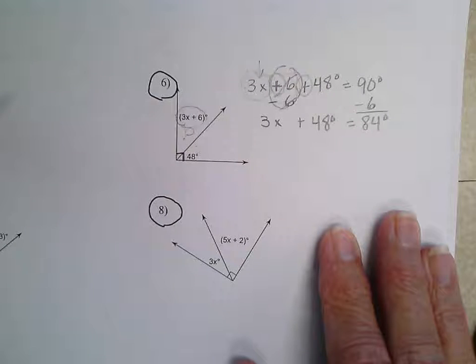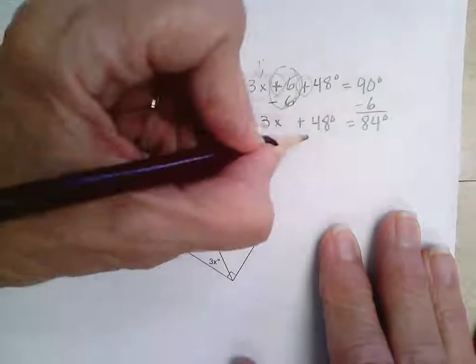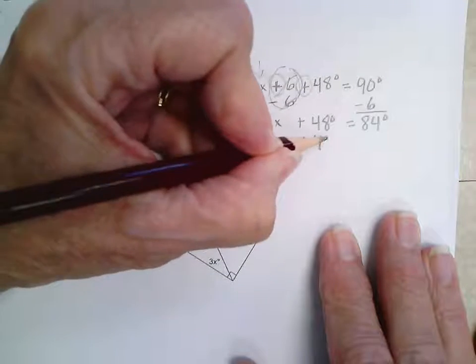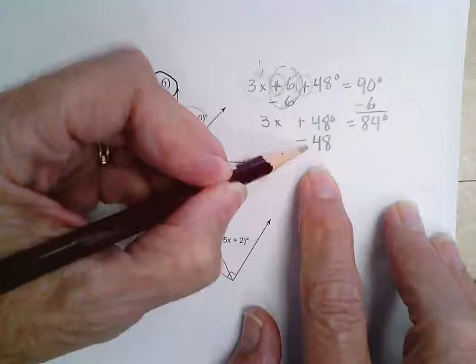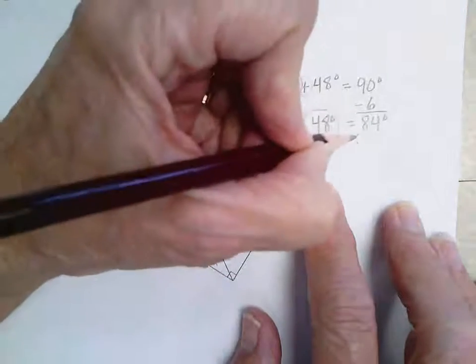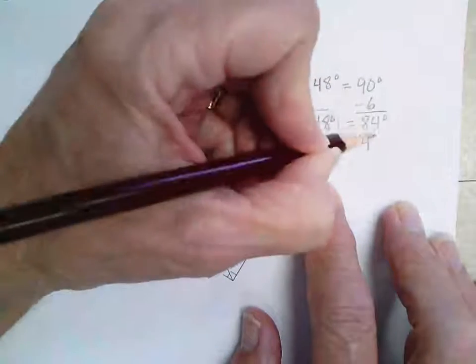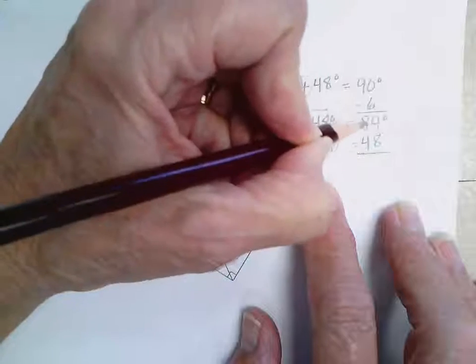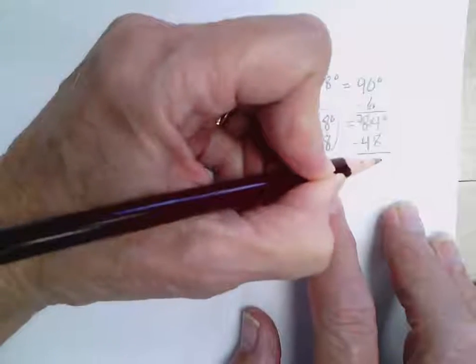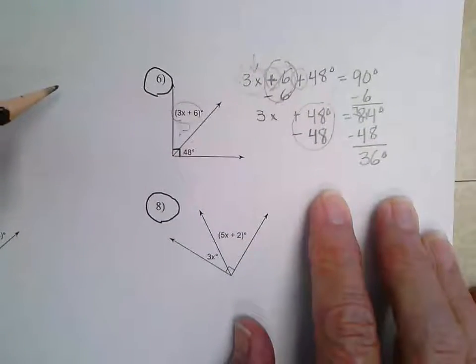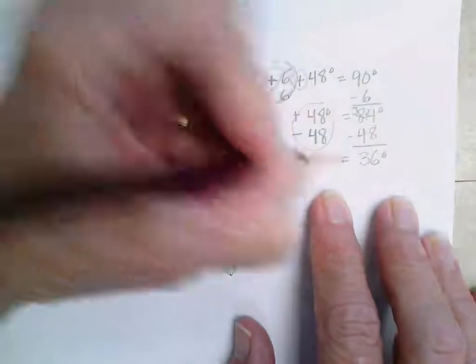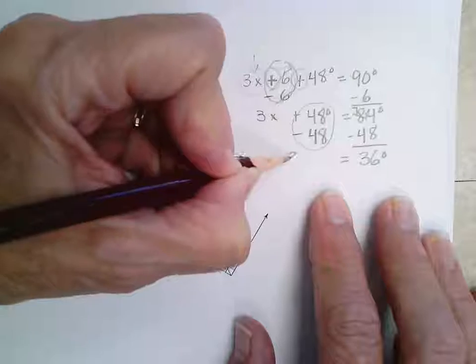So what I can do now is I can use my additive inverse property, and I can add the opposite to get 0 here. So I'm going to subtract 48 there. And I'm going to get 36 degrees on the right, and I still have my 3x.